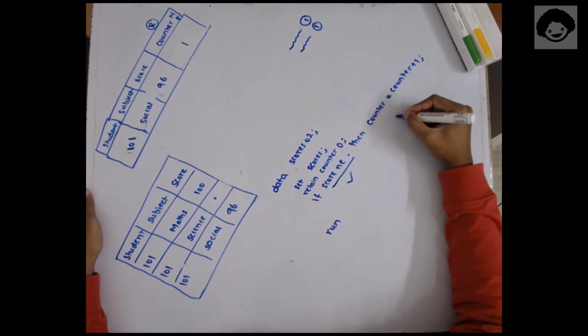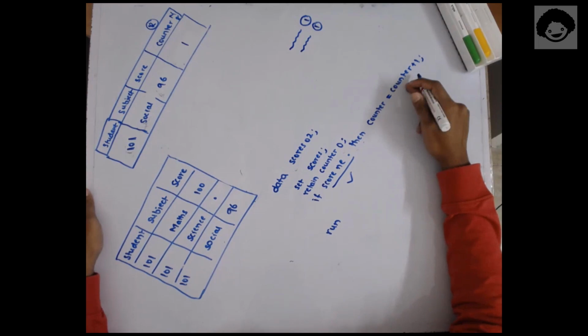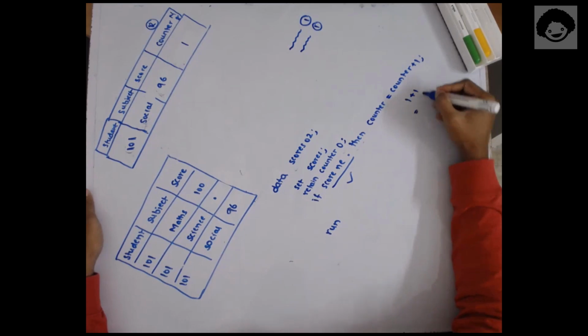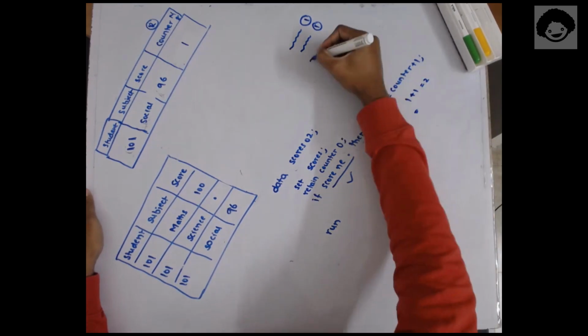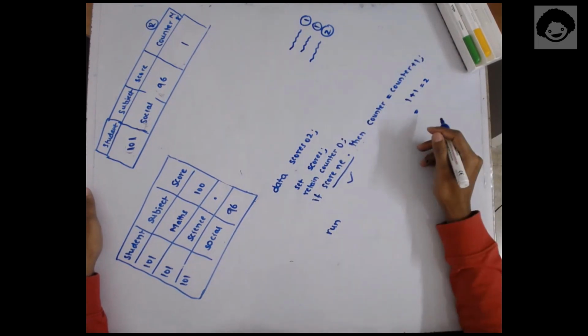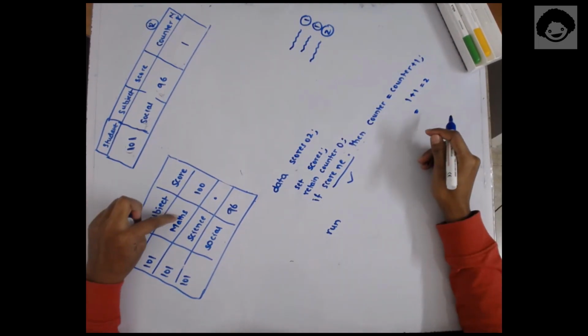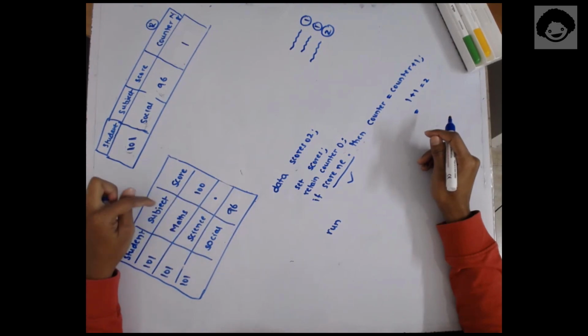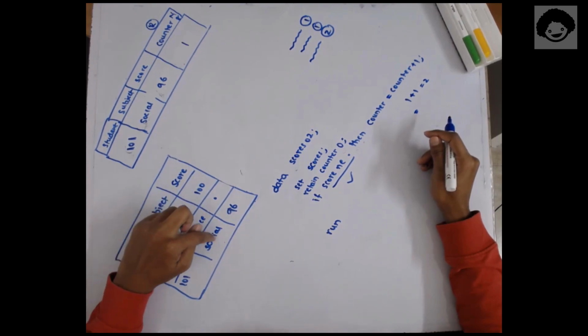What is the value of counter in memory now? 1 plus 1. So what would be the value of counter on this record? 2. So what was our initial requirement? To count the number of subjects with non-missing score, right?